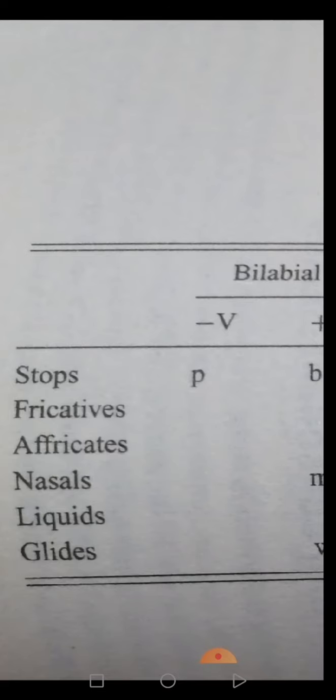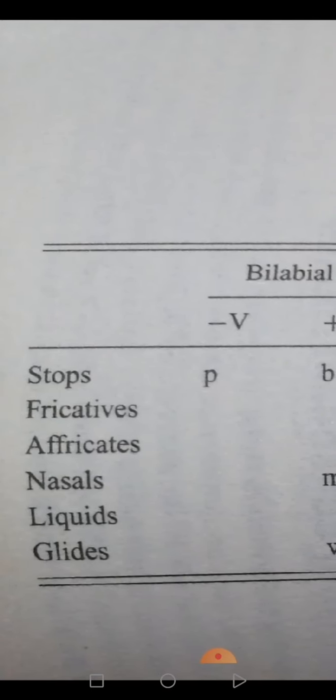They call them glides. Their way of production is just like vowels, but as a matter of fact, they are not vowels. They are consonants. The way they are produced is as vowels are produced, but they are not classified as vowels. They are classified as what?